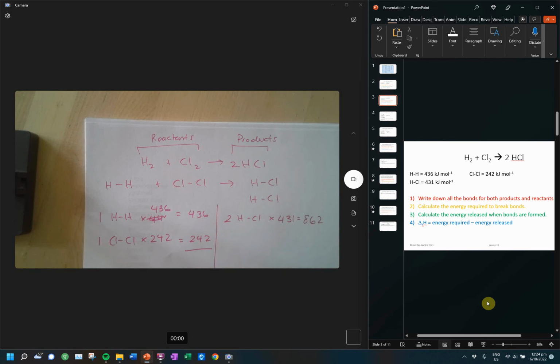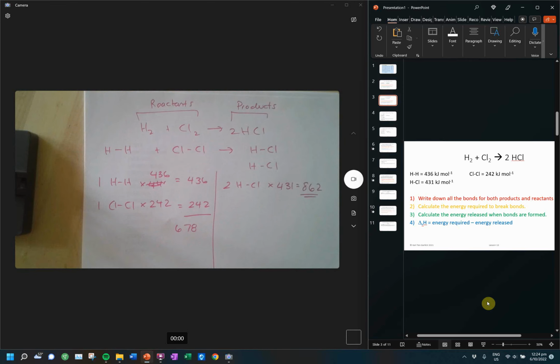All right. So let's add these 2 numbers together. 436 plus 242. So that's 678, and that's the only number on that side. So we do 678 minus 862.